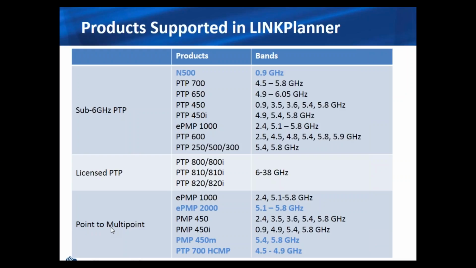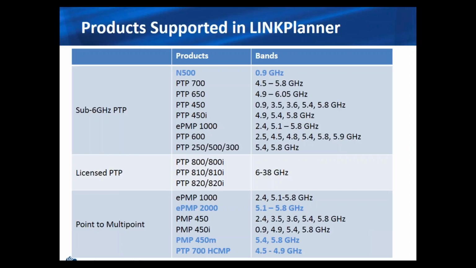Okay, here is a quick review of all the products supported in Link Planner as of now. It supports PTP starting from PTP 250, 500, 300, which are the old legacy products, then 600 as well. As of today, under 6 GHz, we support ePMP 1000, 450i, 450, 650, and 700. In the licensed microwave, we support all 800, 810, and 820.